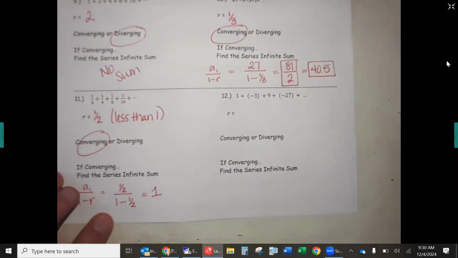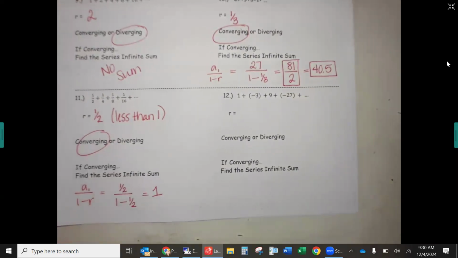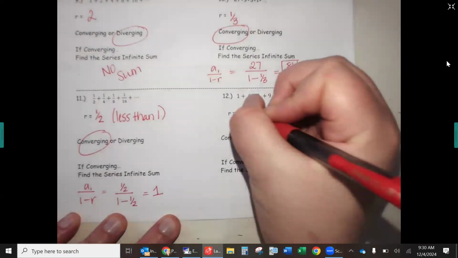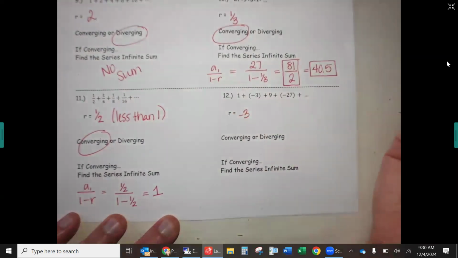What's the pattern? 1, -3, 9, -27. What are they timesing by each time? -3. Now, you don't care about the negative, you care about the 3. Is it bigger than 1 or less than 1? Bigger than 1. Then does it converge or diverge?